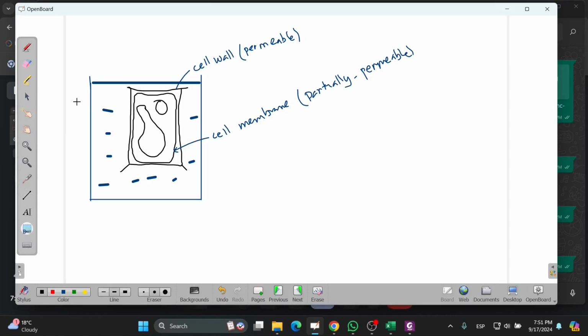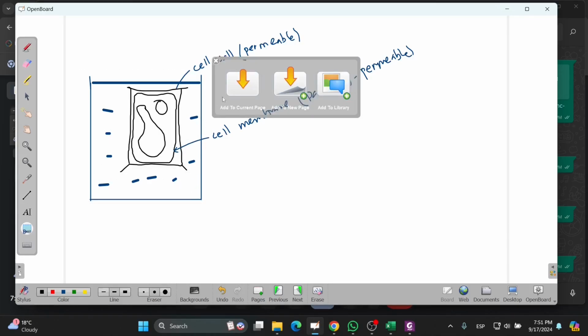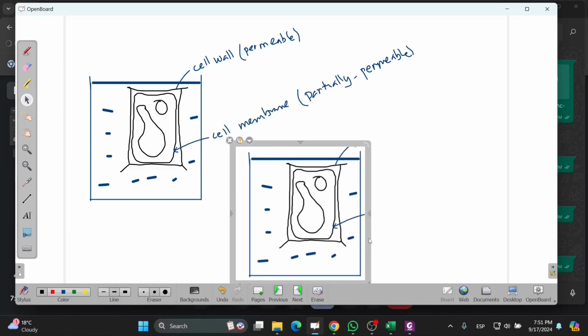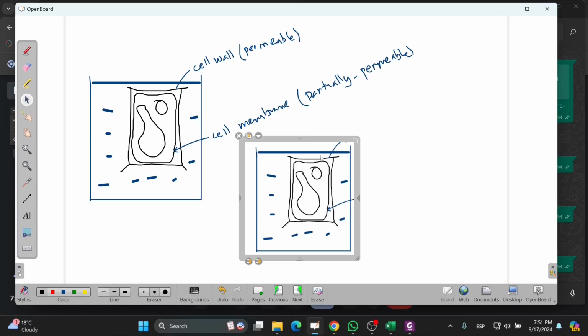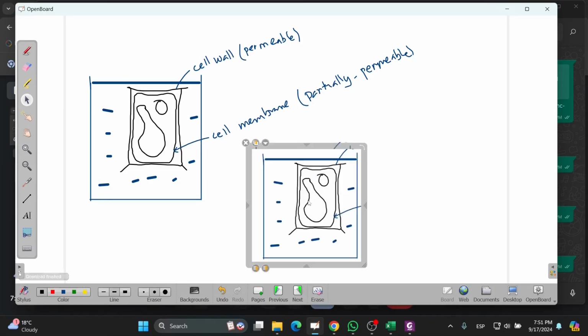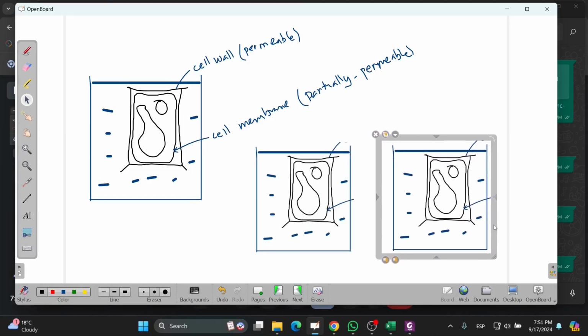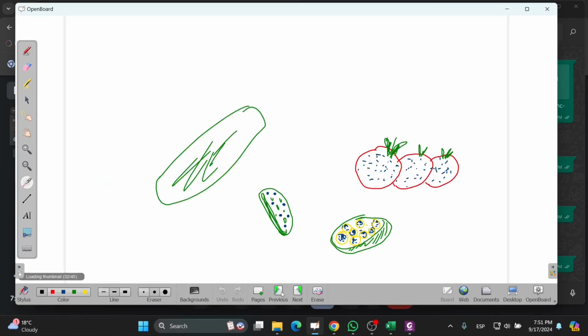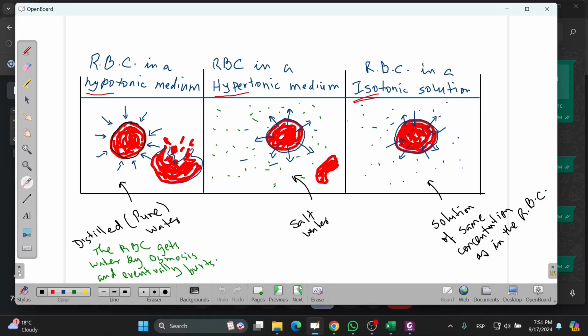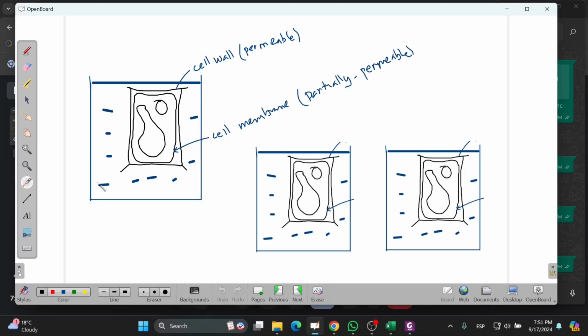right? So what I'm going to do is, since I'm going to use it 3 times, let me put this one here. This one here. So look, guys, what will happen? Let's just repeat the experiment that we did with the red blood cell. Let's do it with this onion cell, right? Which is a plant cell.